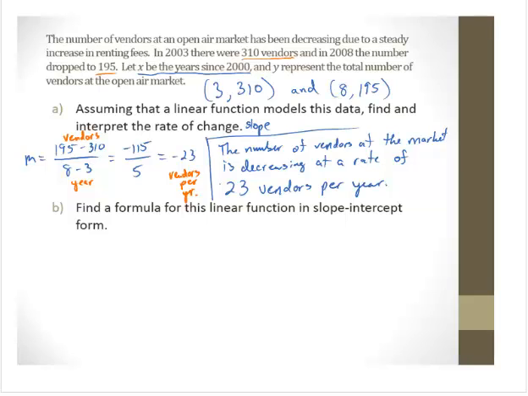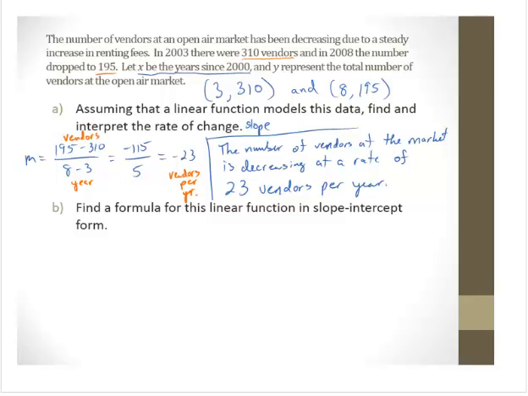Notice I did not write negative 23 vendors per year. I've already taken account of the negative by saying that the number of vendors is decreasing. So since it's decreasing, we don't use the negative in front of the number.